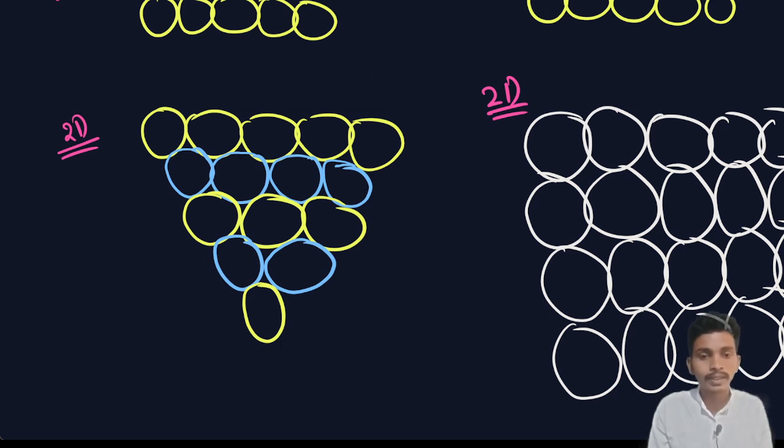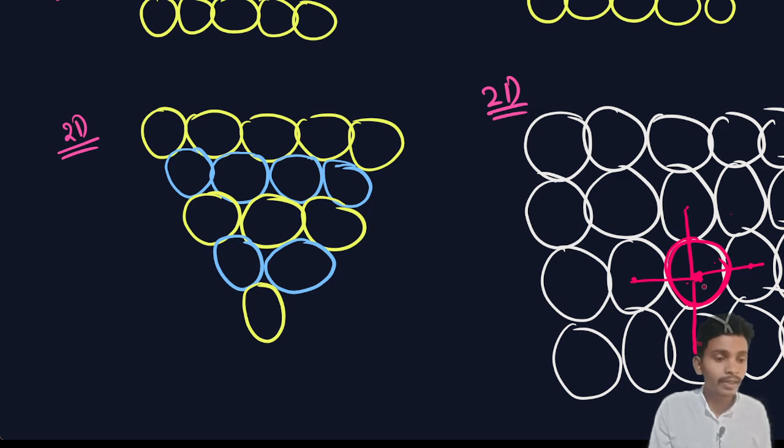Whenever you see, let's say I talk about this lattice point, how many lattice points is it joined to? This lattice point is joined with this one, it directly touches this one. It is also directly touching this one, but it does not directly touch this one.